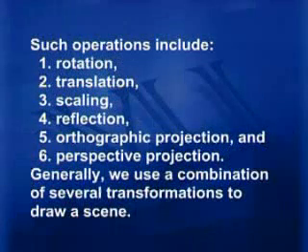Such operations include rotation, translation, scaling, reflection, orthographic projection, and perspective projection. And generally we use a combination of several transformations to draw a scene. We have been talking about transformations and combinations of transformations earlier on as well, while we were talking about the 2-dimension and then the 3-dimensional modeling in space.